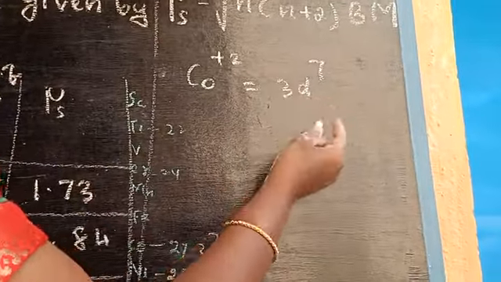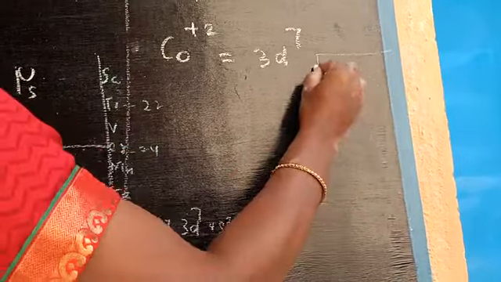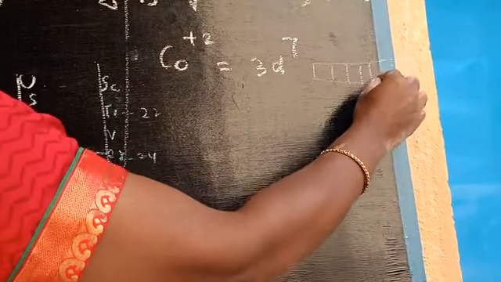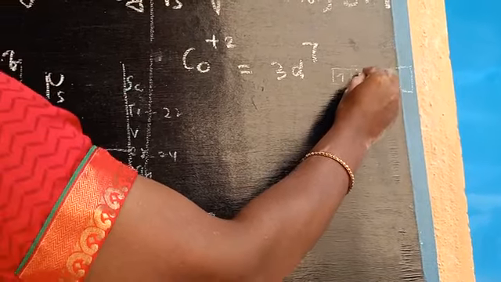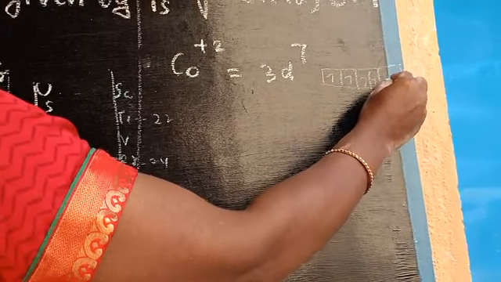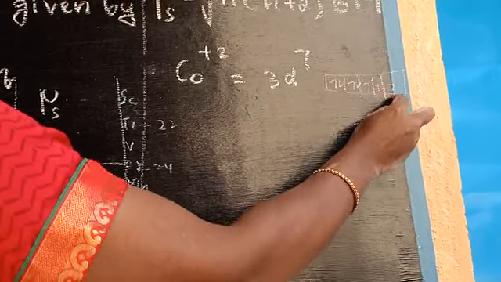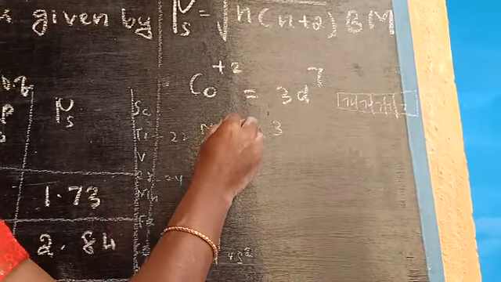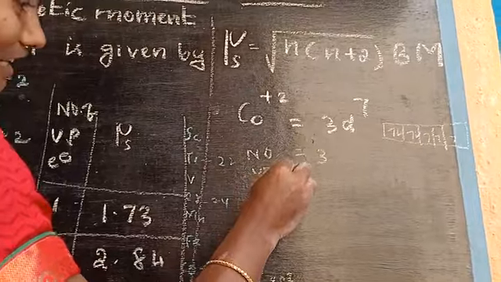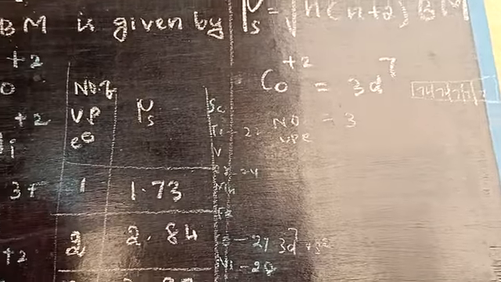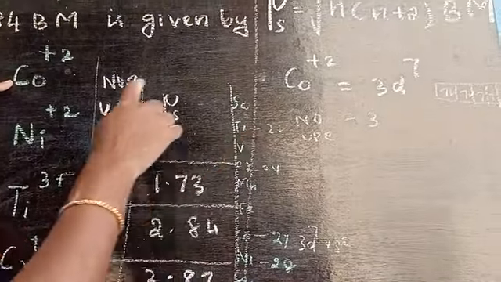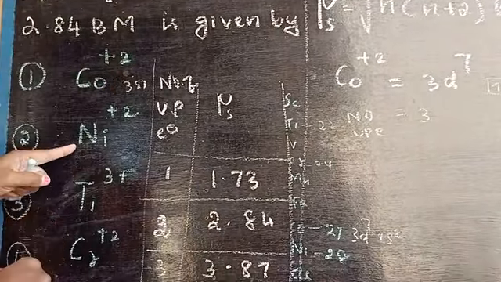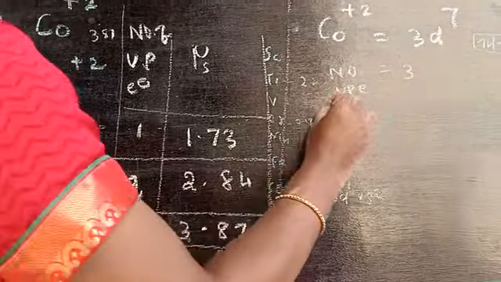A d orbital has 5 orientations, and there are 7 electrons: 1, 2, 3, 4, 5, 6, 7. Here the number of unpaired electrons is 3. So 3 unpaired electrons means 3.87.